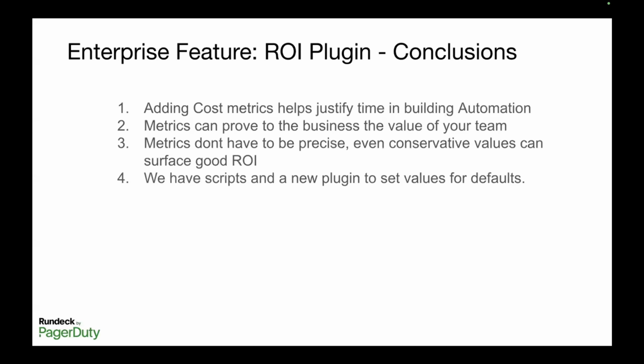It's quite straightforward, but it's this idea that I can add that up in time. I can put a value against that time, and I can then go back and prove to my organization, to my team, to my boss, to my business, what a real value implementing automation is. And to be honest, I don't care whether you do it in Rundeck or you do something else somewhere else.